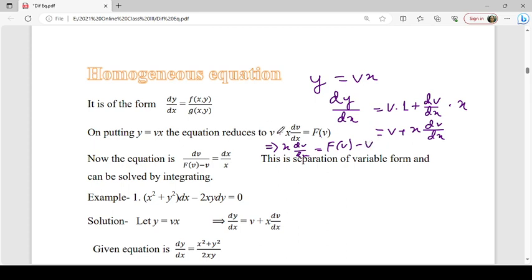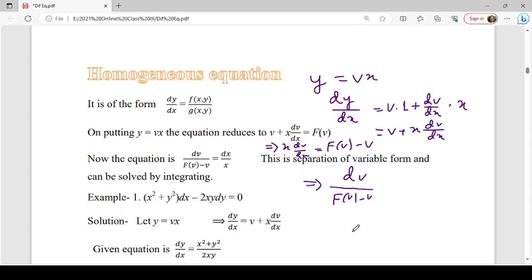Then we write dv by f(v) minus v, dividing by f(v) minus v, so this comes to the left hand side, and this dx goes there, and this is dx by x. And what we are having is variables are separated, and then we integrate it and get a solution.